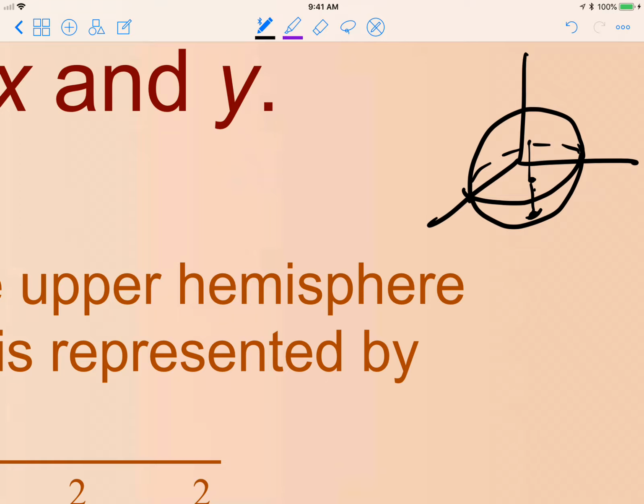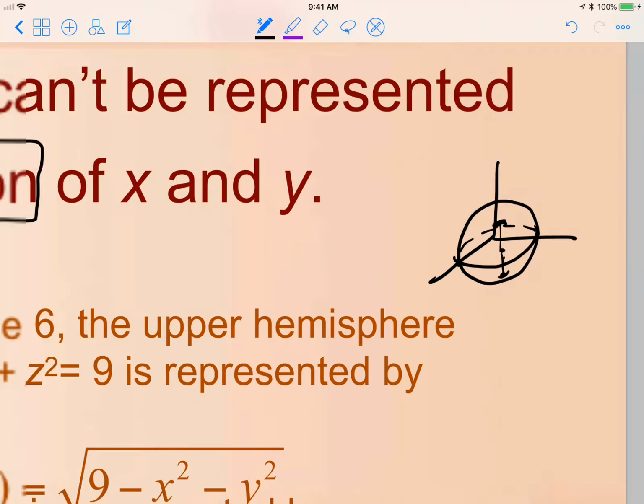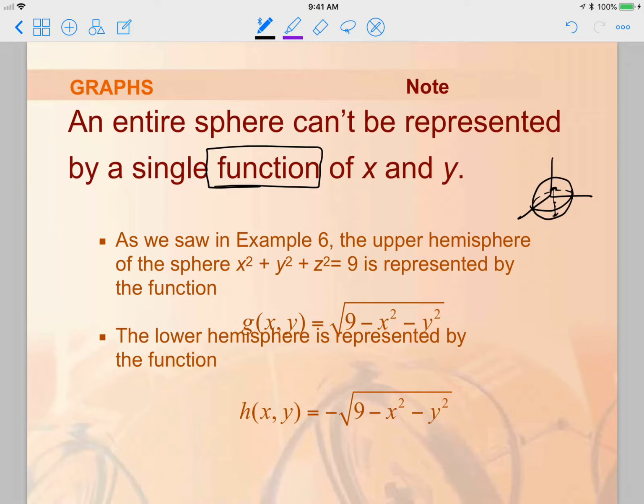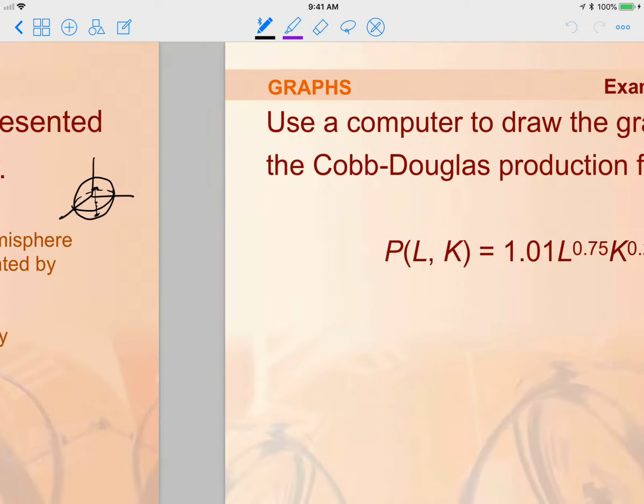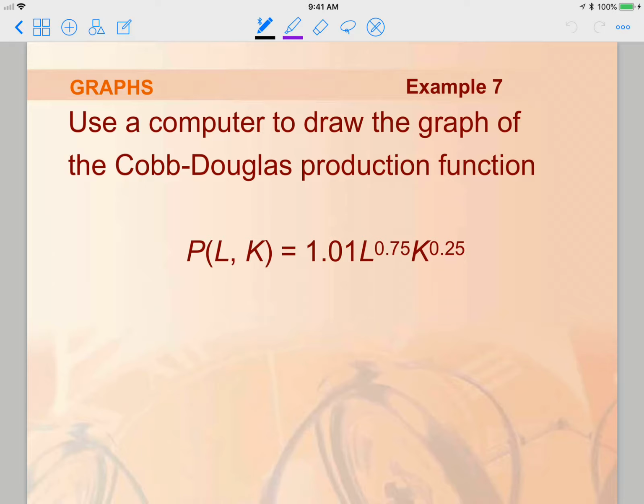See how there's one in the bottom half and one in the top half? You can't have that. So in order to turn this into a function, you do have to split it up into plus and minus square root. Okay. And of course, we know how to use a computer to draw this graph, right?